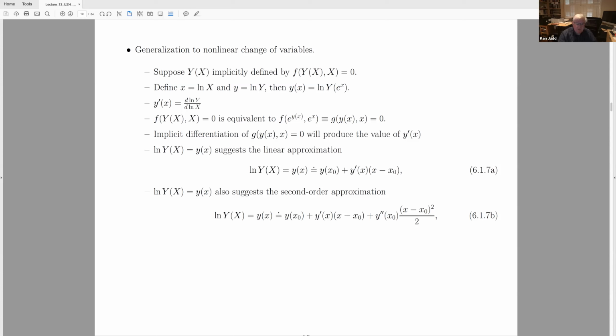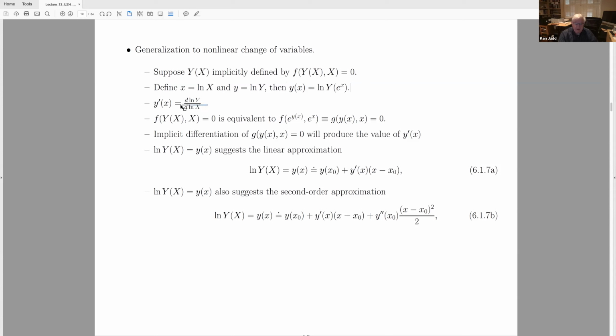Now, in general, suppose you have some function, cap Y, as a function of cap X, implicitly defined by this equation. However, we would, for some reason, want to express this in terms of the log of x and the log of y. And so what that means is that little y of x equals log of big Y evaluated at e to the x. So this is the definition of little y of x.